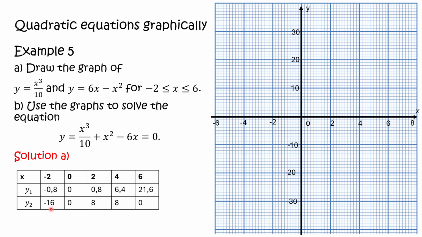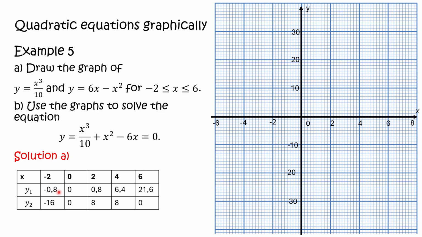The minimum is -16 on the y2, and the maximum is 21.6 on the y1, the cubic function. So we have to find a suitable scale. So I've decided to use 2 centimeters to represent 10 units on the y-axis so that I cater for all the points according to the graph paper I have.